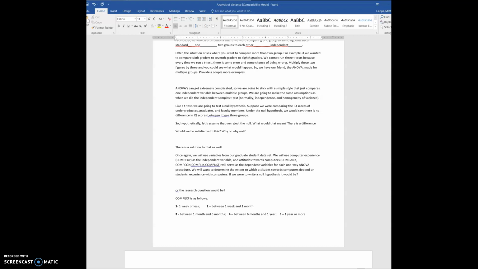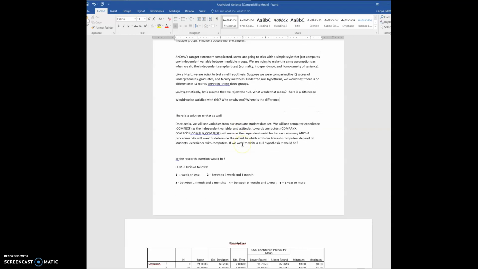The challenge with an ANOVA is we probably aren't satisfied with this statement. We want to know, where is the difference? Who of these three groups, if they're different, is the smartest one? And there's a solution to that as well.